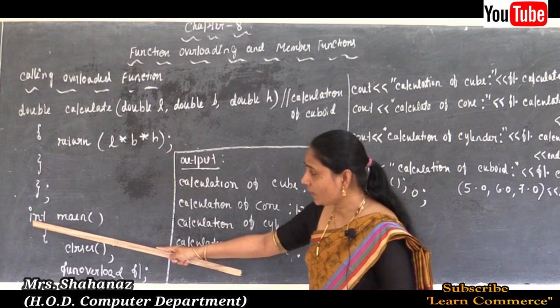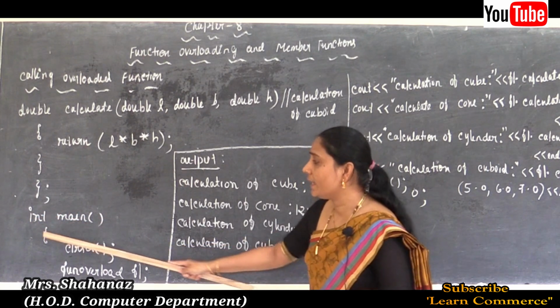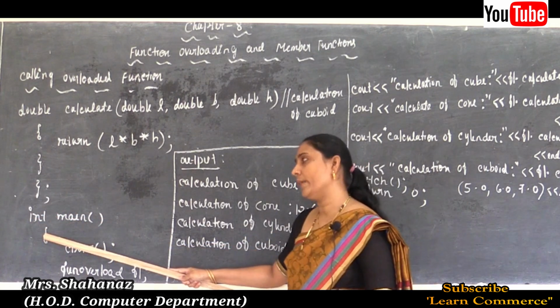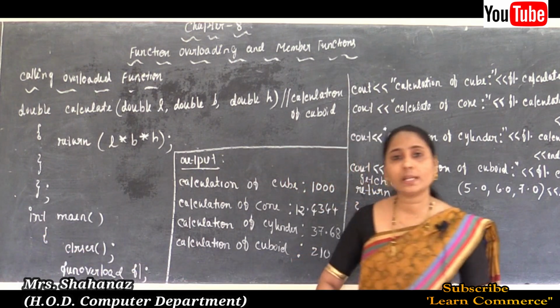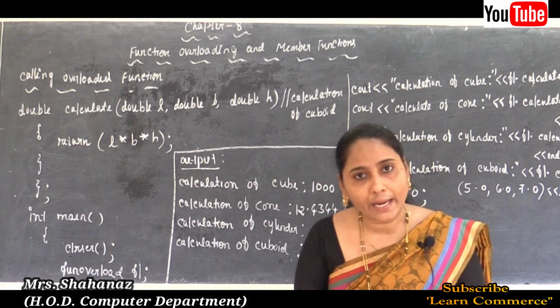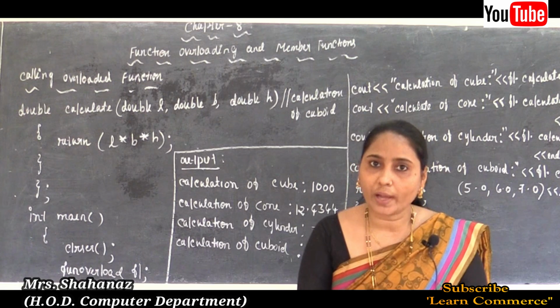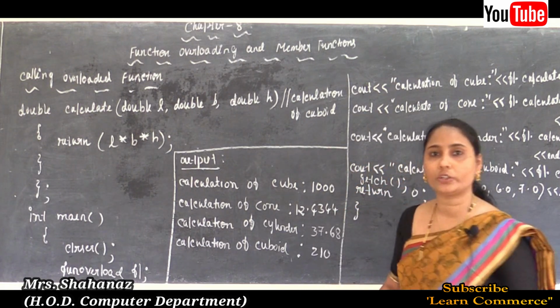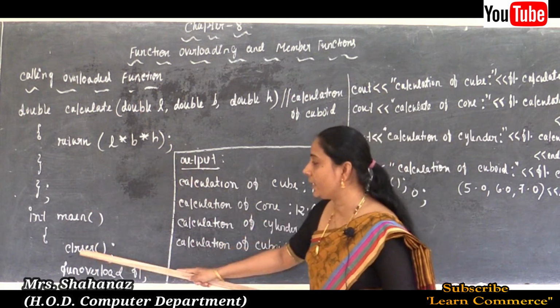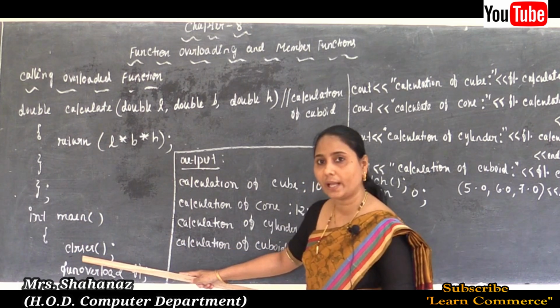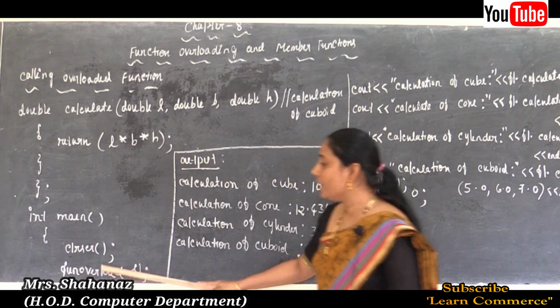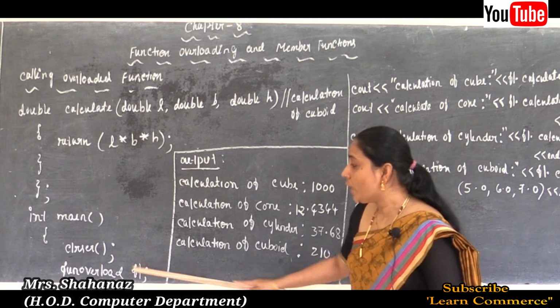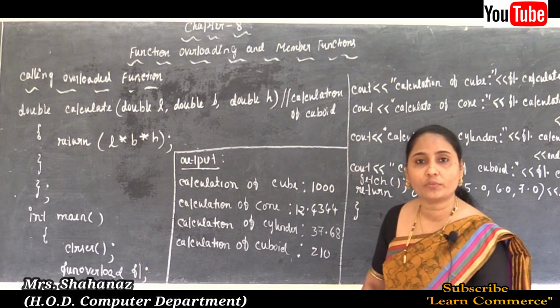So the main function is going to start, and next comes the flower bracket. We already know that if we are using clrscr, we need to use a header file, and the header file is conio.h. So we already included the header file for clrscr, and the next line I completed is the declaration of the object.